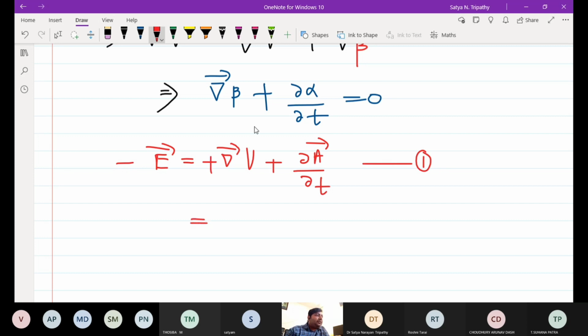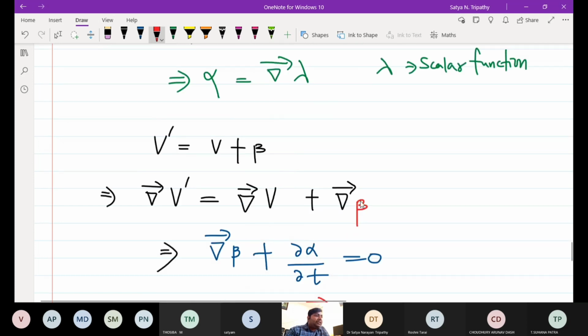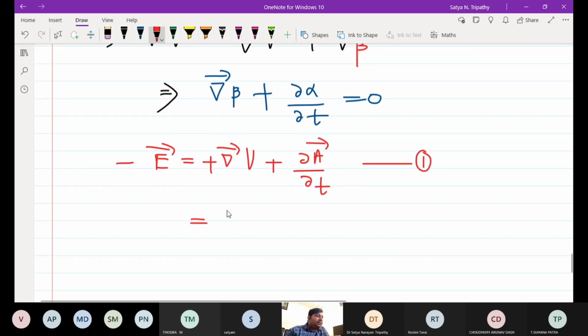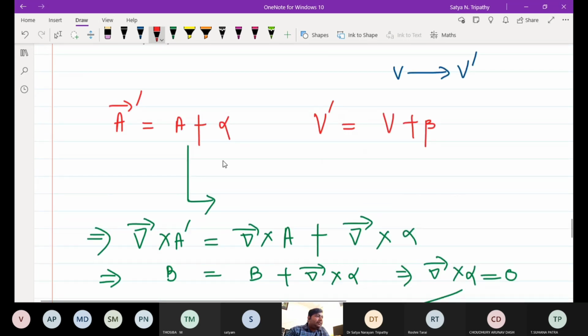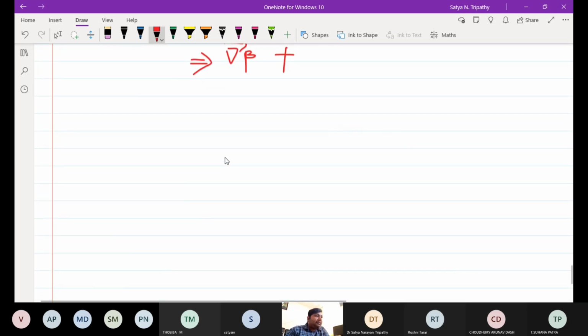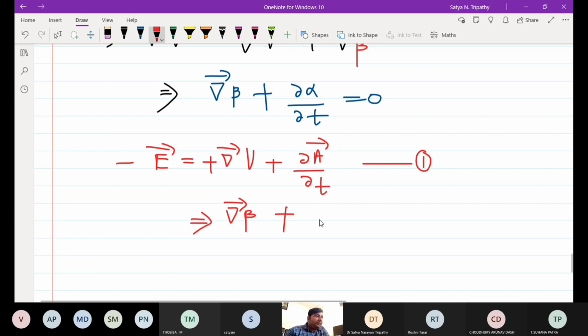Here we are adding this potential beta, so this is grad of V plus the addition, where alpha is the vector, and d alpha by dt must be equal to 0.